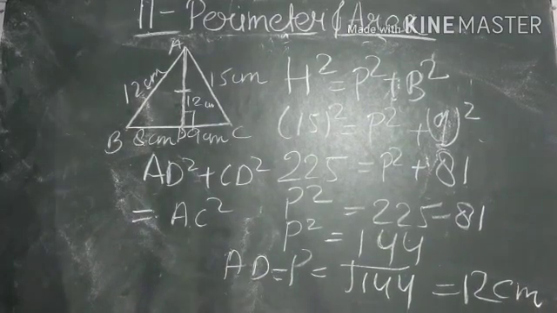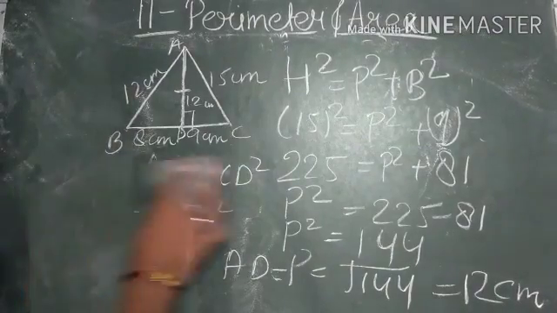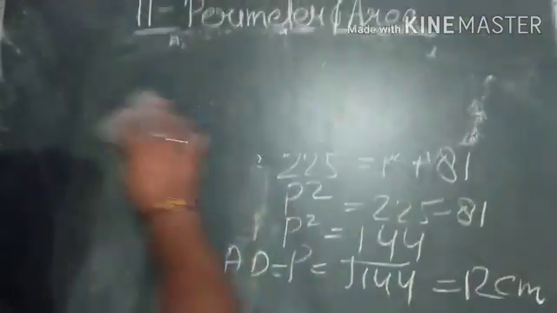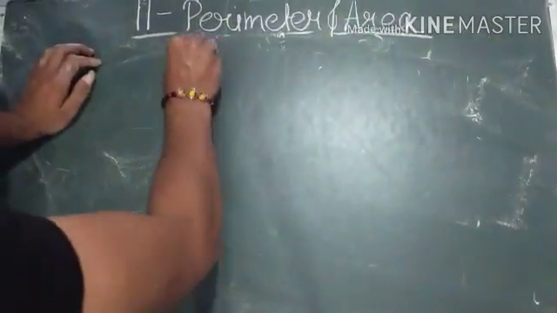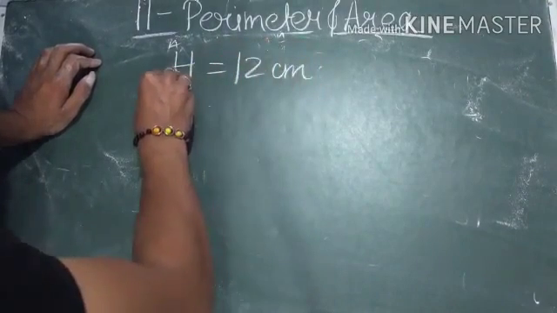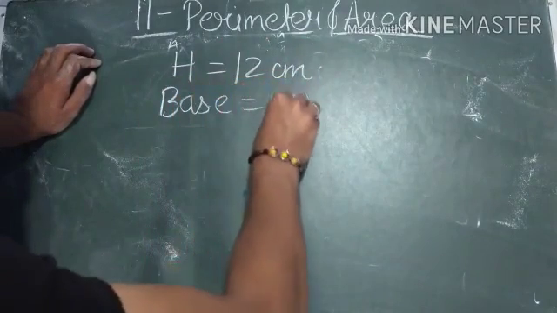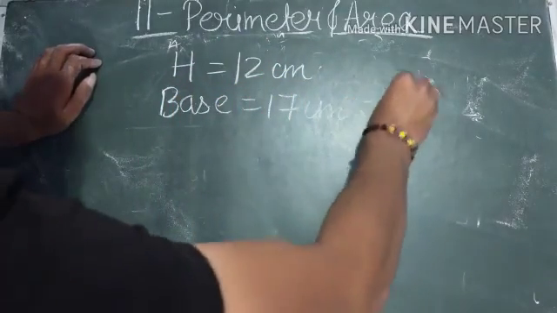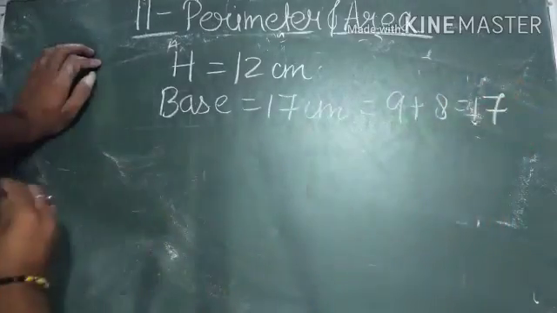So now we have to apply the formula and we will get the value of the area of the triangle. As we now know, the height is equal to 12 centimeter, and the base is equal to 17 centimeter, as we have to add 9 plus 8, which is given in the question.